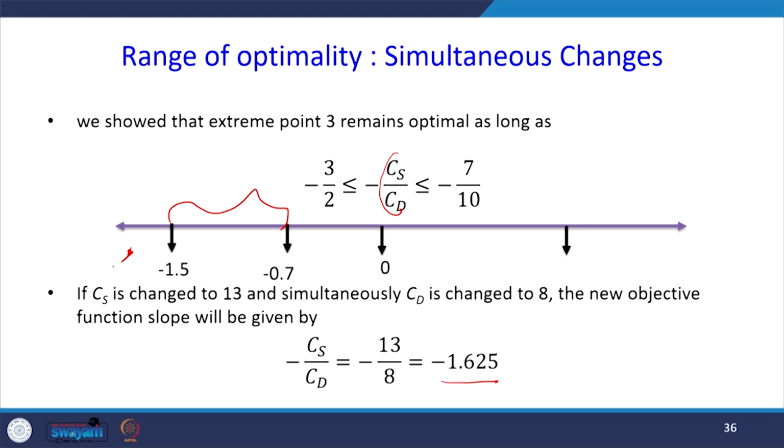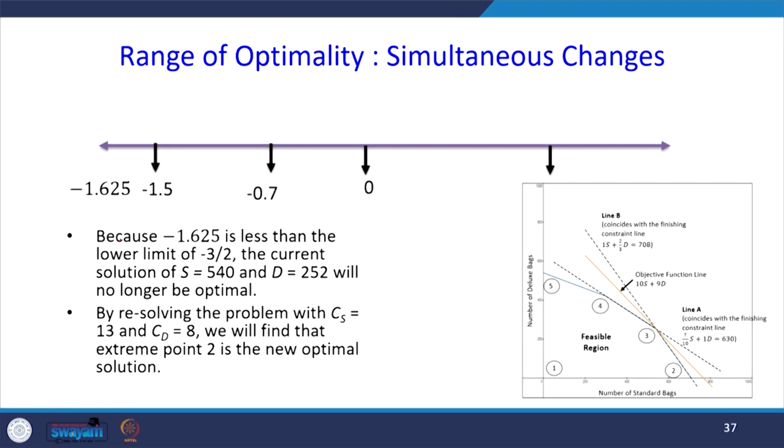So, what will happen if both changes take place simultaneously? You will not get the same optimal solution. The solution which you already have will be disturbed, because it is going beyond the range.